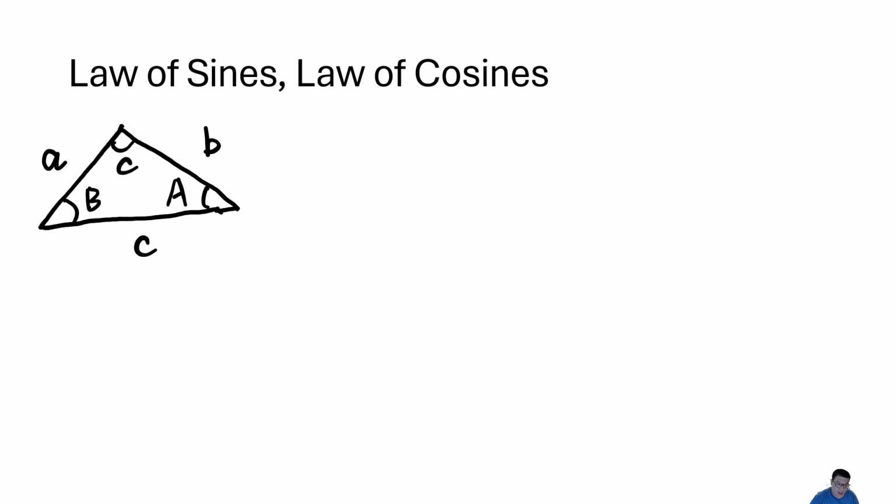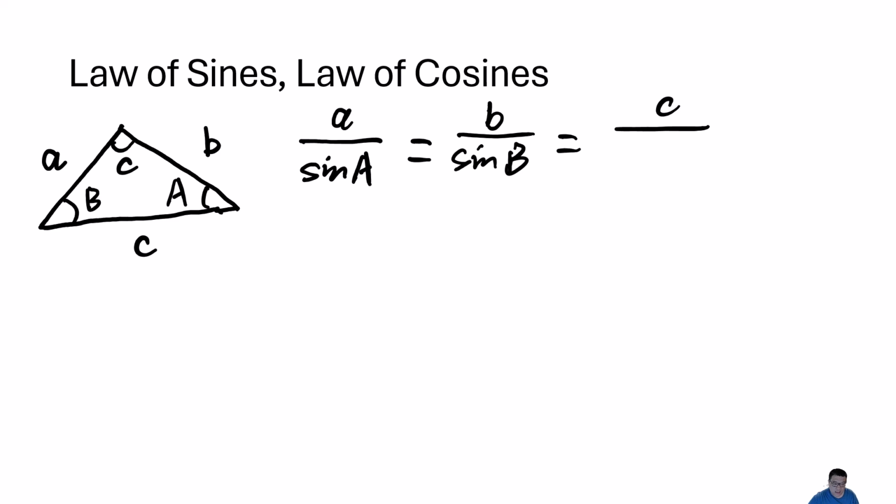So the law of the sine will be a over sine A equals b over sine B equals c over sine C. So that's the law of the sine.